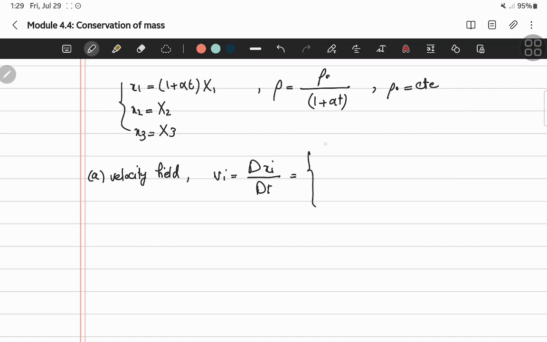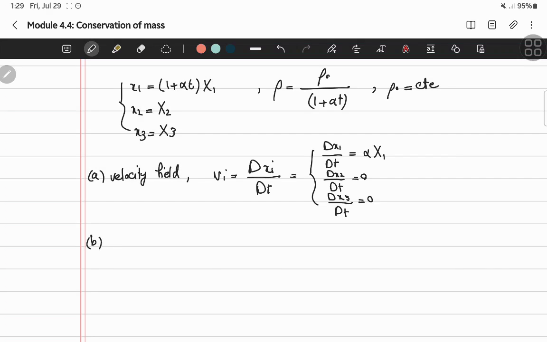Therefore, we will have dx1/dt, the material derivative, which is going to be alpha x1. Next we have dx2/dt, which is 0, and then the material derivative of x3 with respect to t, which is also 0.